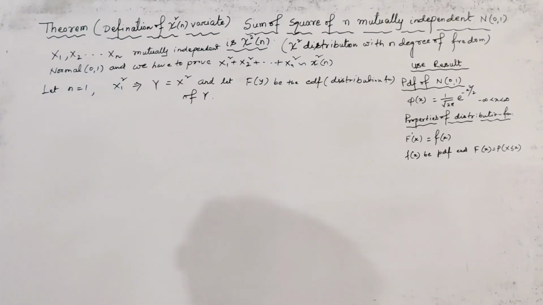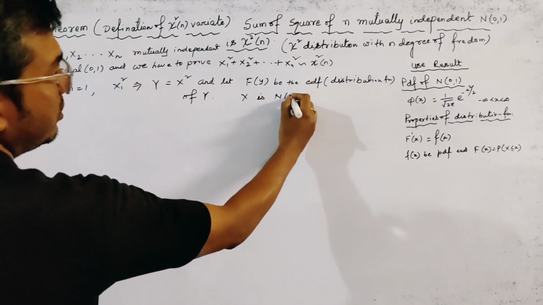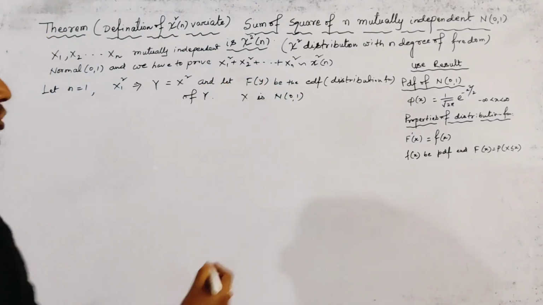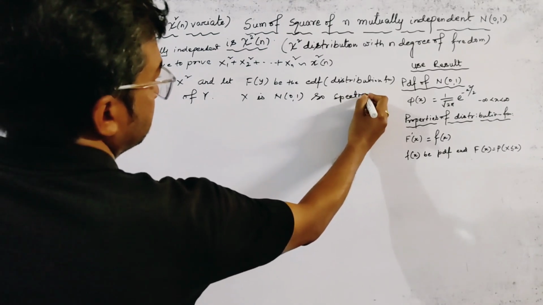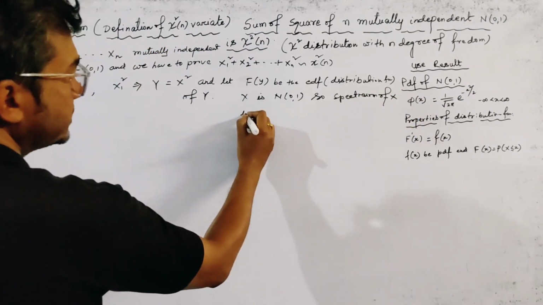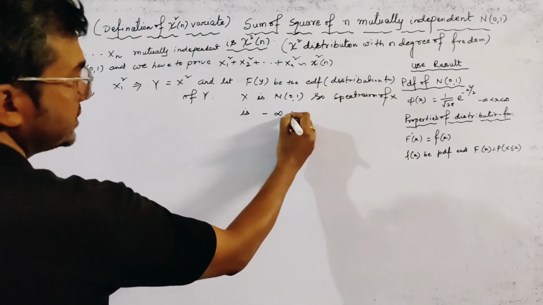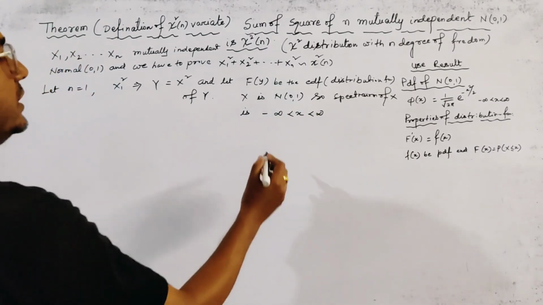Here x is normal 0 1, so the spectrum of x is obviously minus infinity less than x less than infinity.